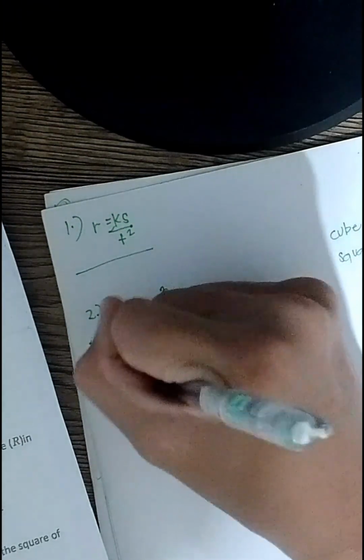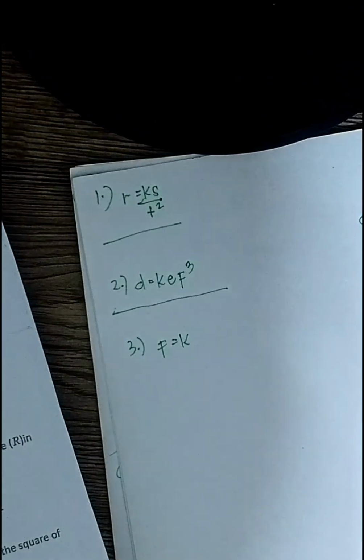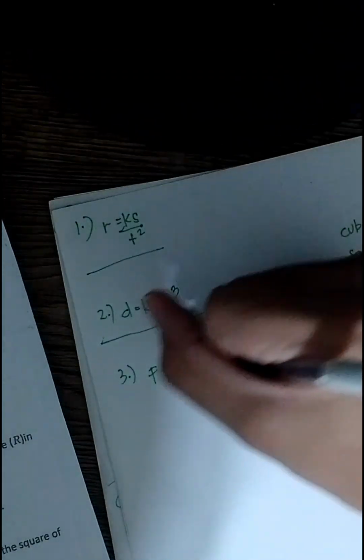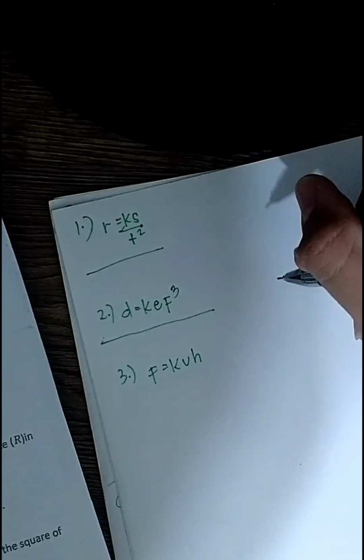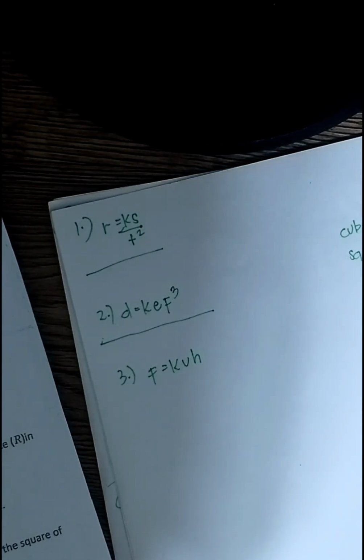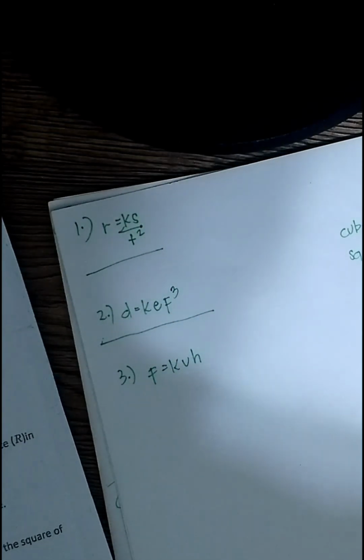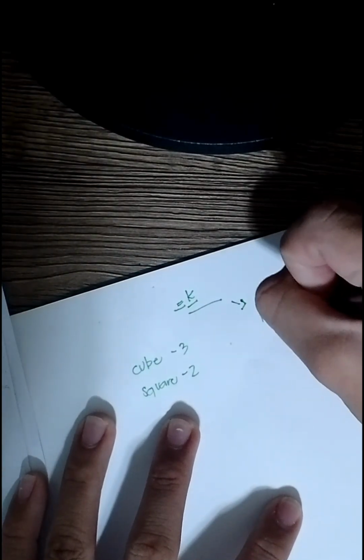Okay, F varies jointly with U and H, and inversely, the inverse is over. This is the inverse.